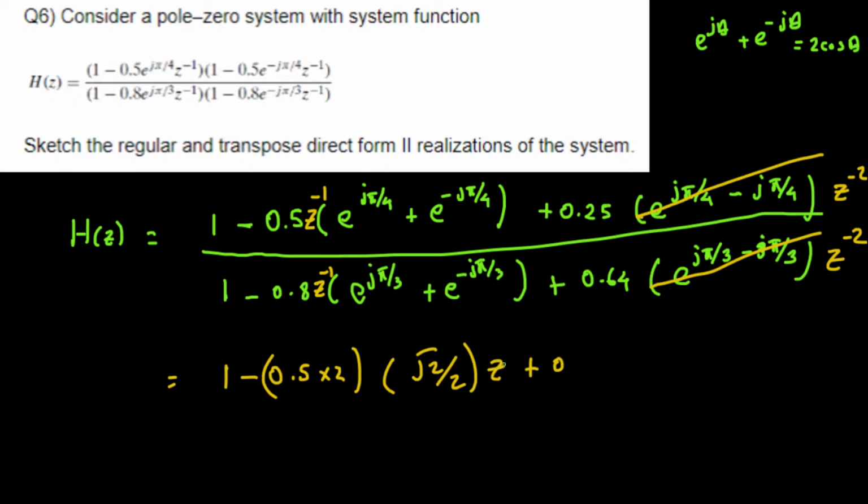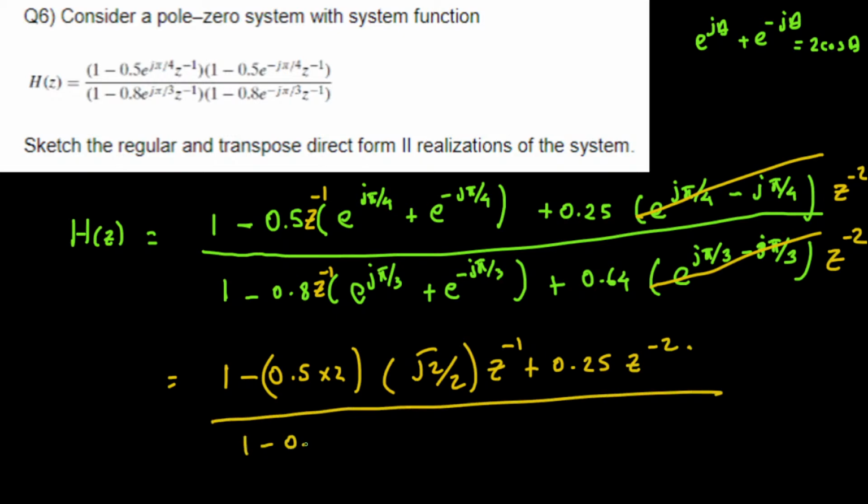Then z^-1 here, and then 0.25 z^-2, and in the denominator we are going to have 1 minus 0.8, again 2 cos θ, so we multiply by 2. And then cos 60 degrees, actually 180 divided by 3, which is 60 degrees.